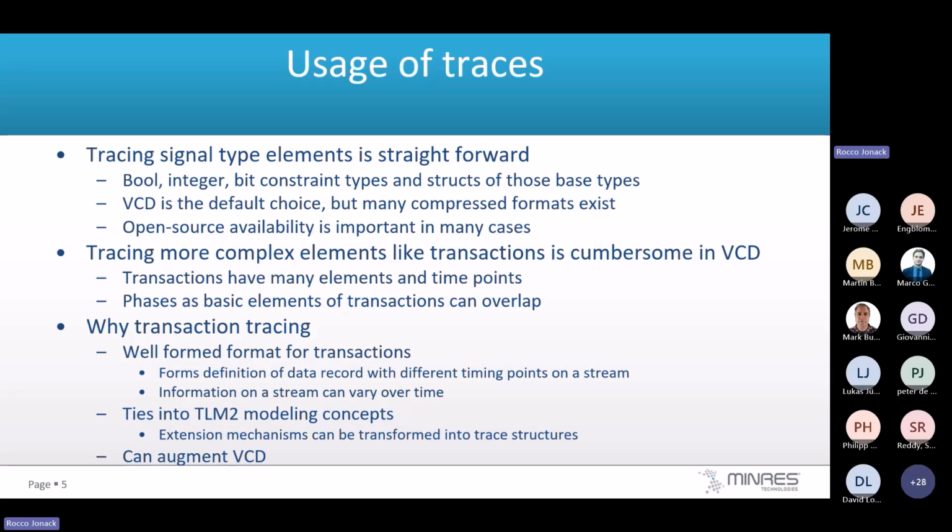Transactions have different time points, a starting point and an end point, and if you have more complex transactions that follow more realistic AMBA-like transaction standards, you have different timing points even within a transaction, talking about bursts, snooping transactions, all these things. So it can be very tricky. There are people trying to do that in VCD, but we believe that is not very efficient.